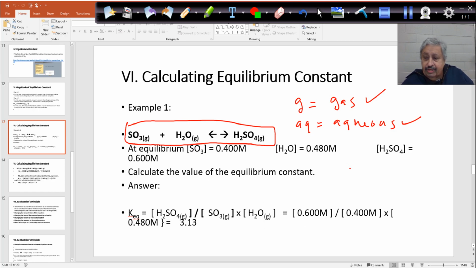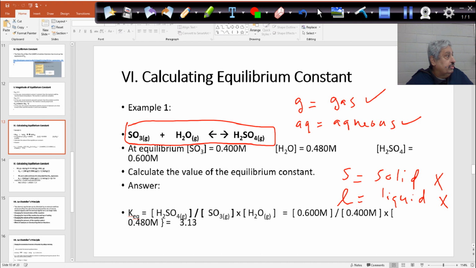So the solids, the s here, and the liquids, the l here, are not considered in the equilibrium constant. This is called the equilibrium constant expression.